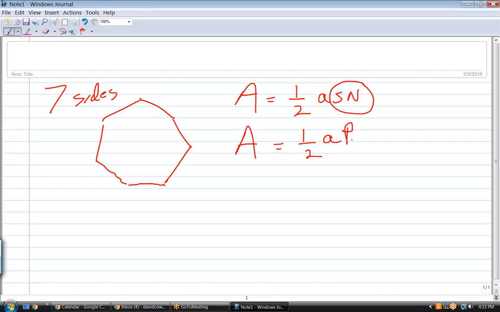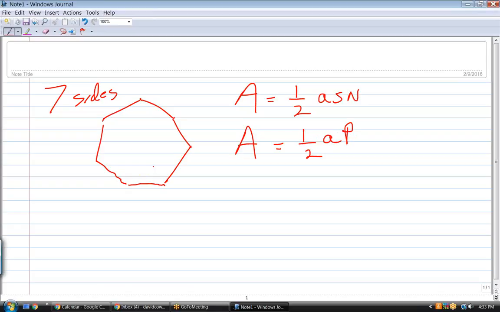And I did see a problem in my geometry book that gave you a side. When you have a side, it's actually a little easier to use this because you can come up with P so quickly. It also helps you memorize this one because it's shorter. And if you can remember that P is the side length times the number of sides, you're in business.